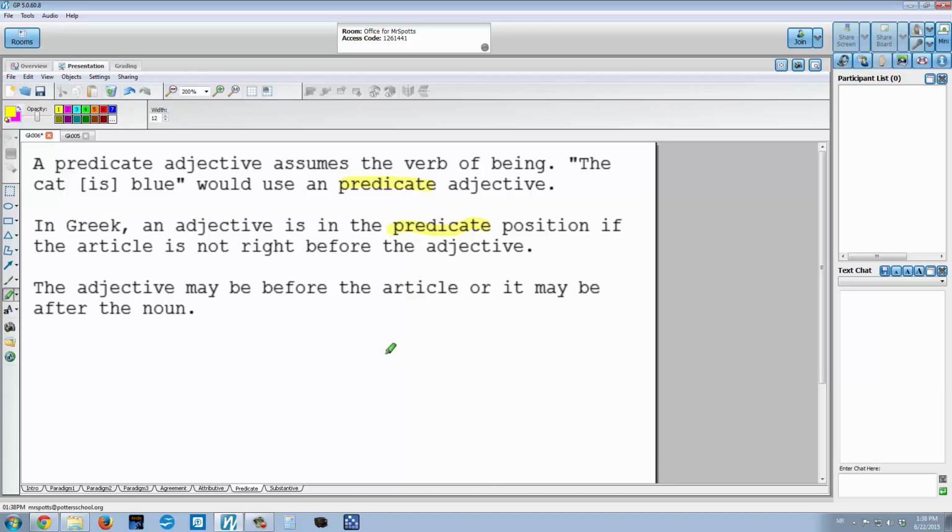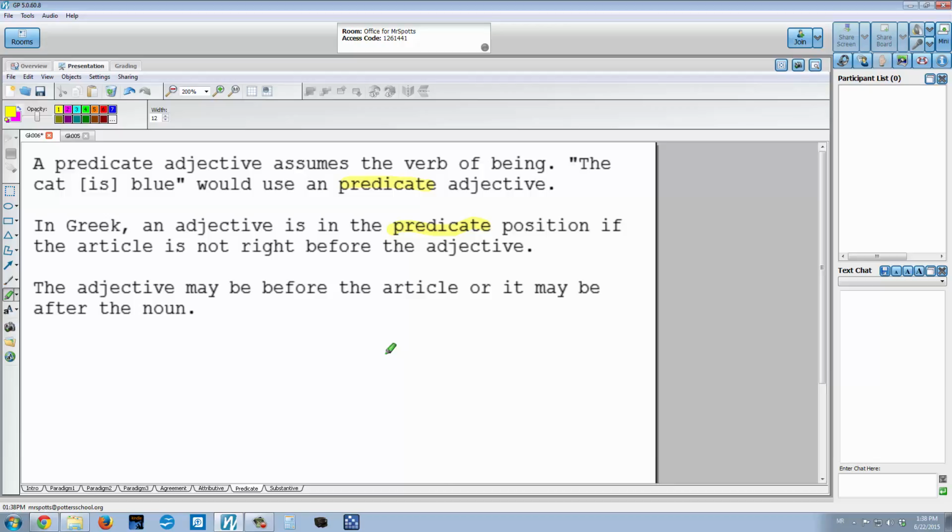So, the man is good. Agathos ho anthropos. Good, the man. Or ho anthropos agathos. The man, good.